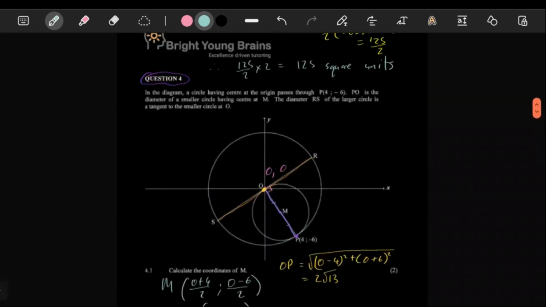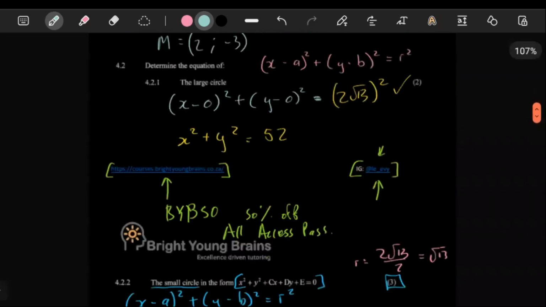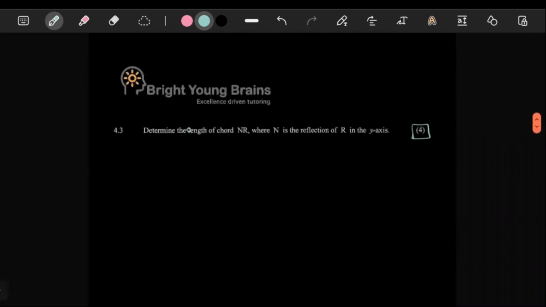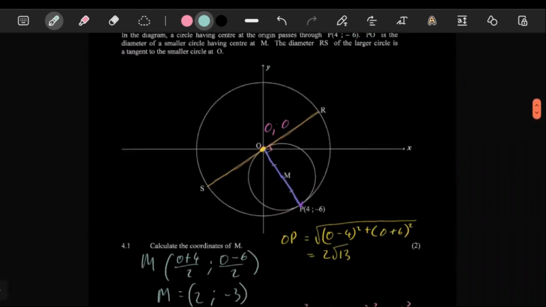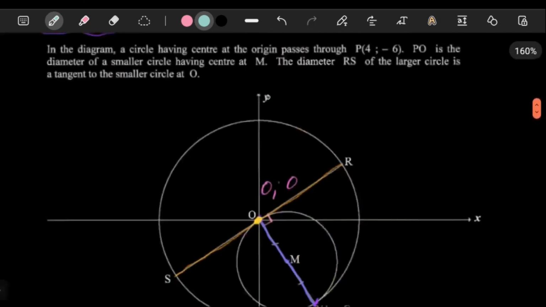Feels like witchcraft now. But anyways, let me not be too extra. So they say we should determine the length of chord NR, where N is the reflection of R in the y-axis. So let's get where N is first. N is a reflection of R in the y-axis.